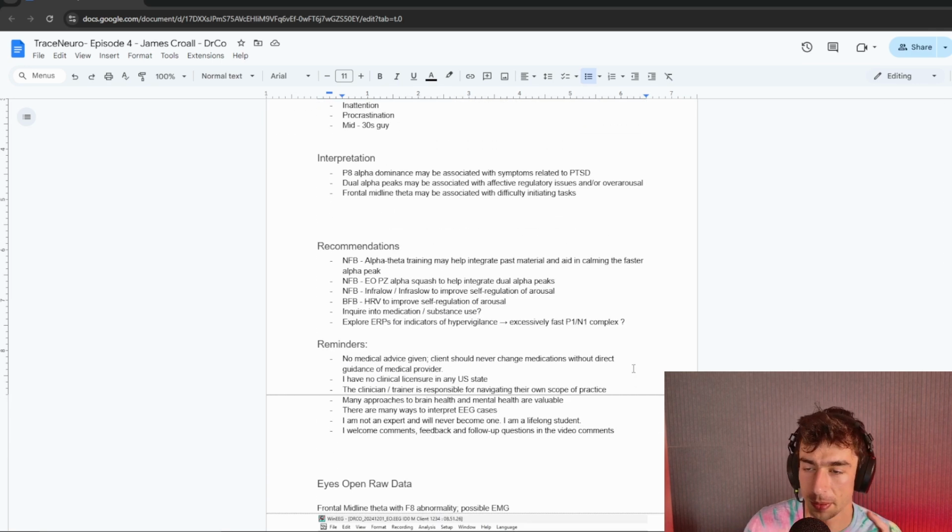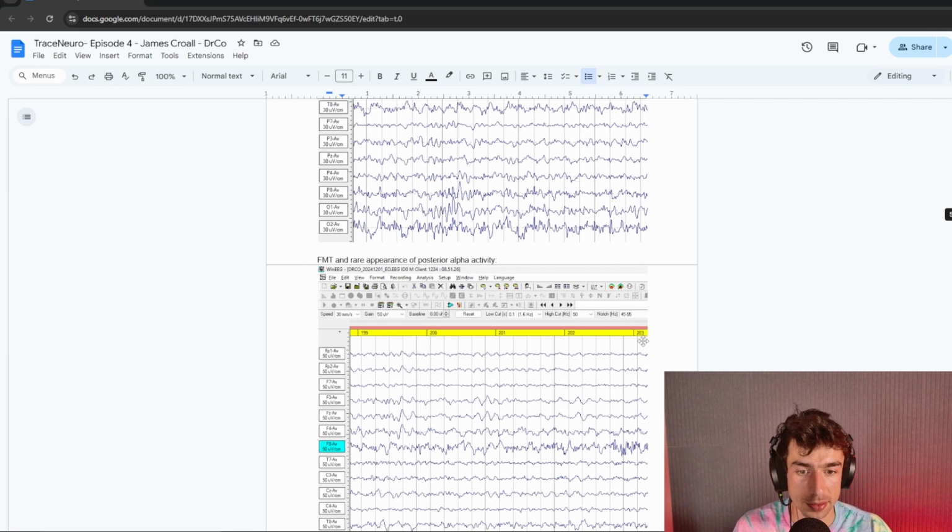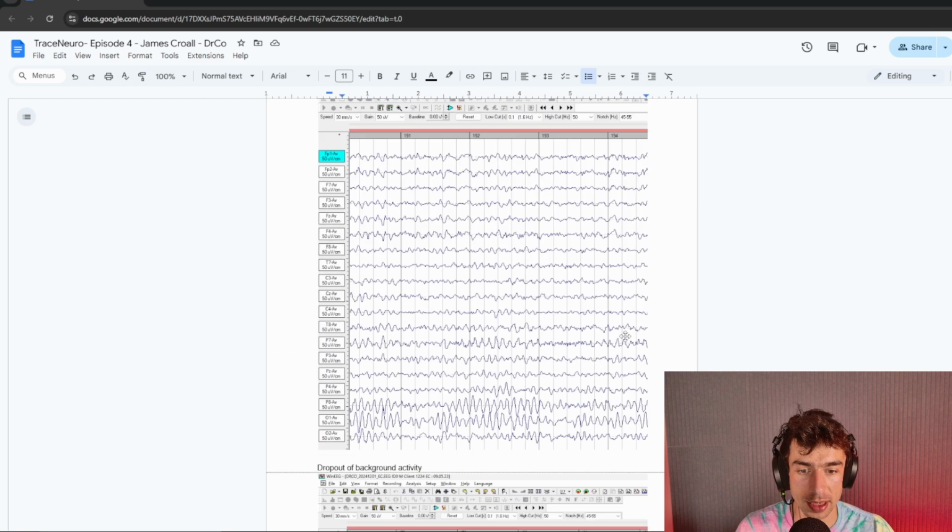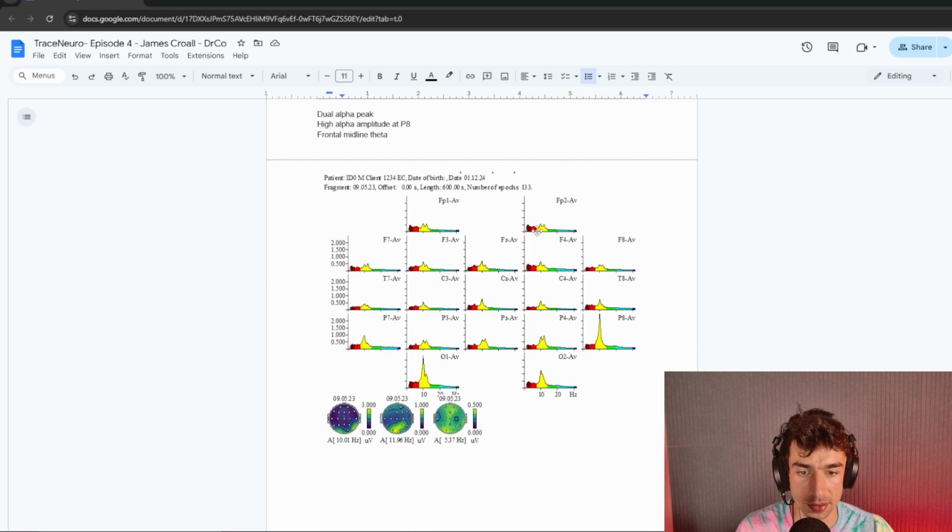This is a little bit of a curious one as far as what to do about it. And maybe one of the best examples of dual alpha peaks that I've seen, or certainly one of the better examples of dual alpha peaks. And the question really is, what's happening in his mind when he's in these sort of faster alpha states? Is it anxiety producing?